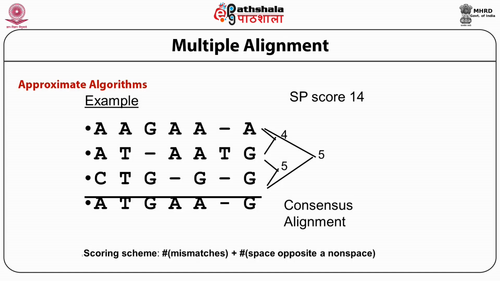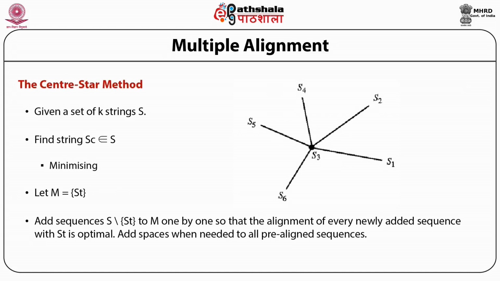Now what do you actually do? It can be shown that whenever you are doing sum of pairs alignments, it's equivalent to something called the center star method, which is to say, you take one sequence and pick another sequence at random from the set of the remaining ones and you align them. Then you pick a third, again at random, and you align it with the first two, and so on and so on.